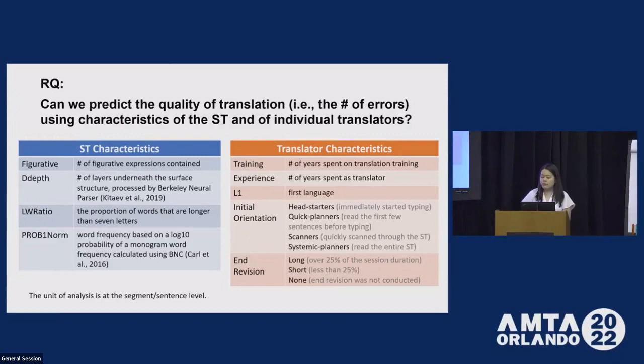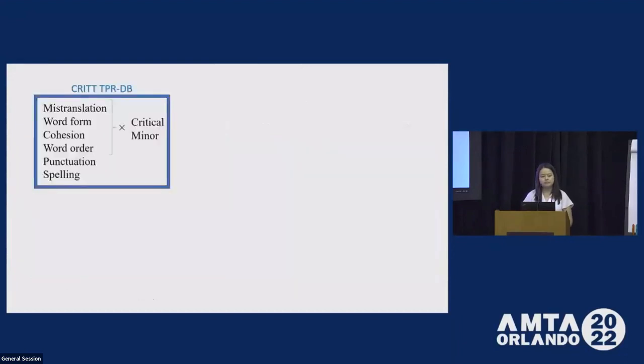There were 5 translator characteristics: training, experience, L1, and initial orientation, which refers to 4 kinds of sessions based on how long a participant read the source text before producing translation. And end revision refers to 3 groups categorized based on how much of a translation session duration was used for end revision.